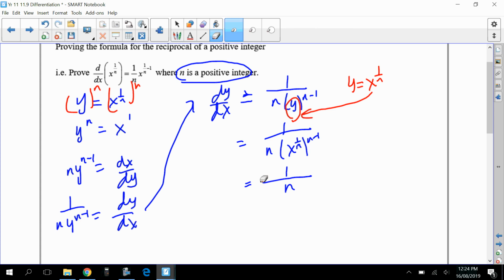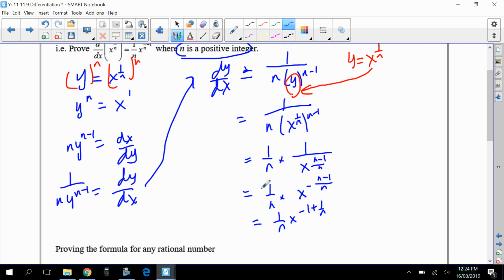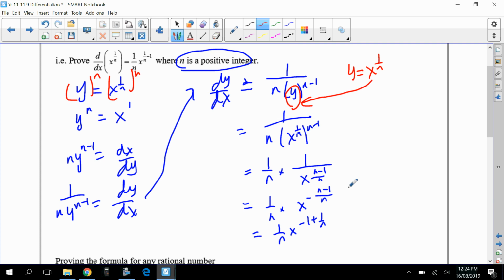Actually, you write it as 1 over n times 1 over x power of n minus 1 on n. So actually, we bring it up, negative n minus 1 on n, and then we simplify x power of -1 plus 1 over n, which is as required.